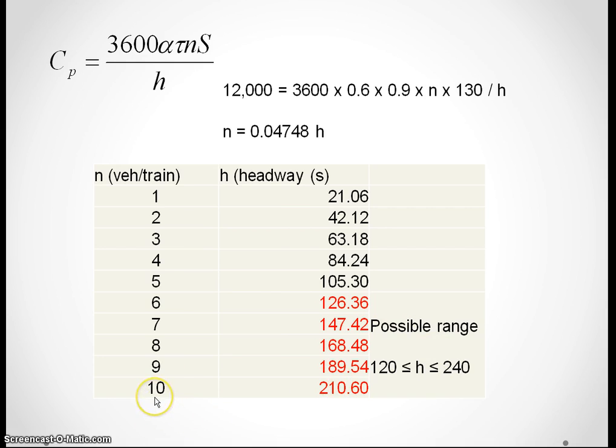More than 10 cannot, because our station is limited to 10 vehicles, and less than 6 also cannot, because we need the headway not less than 120. Anything less than 120 is quite dangerous, because the second train can hit the first train while stopping at the station.